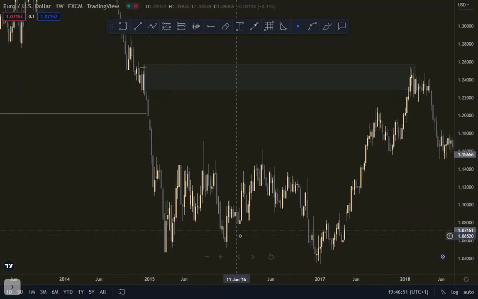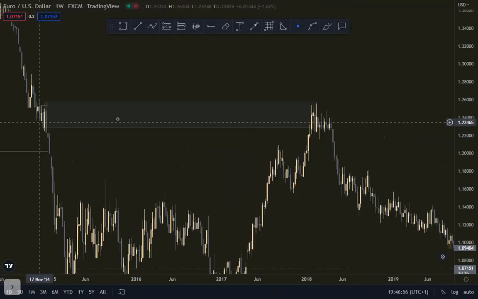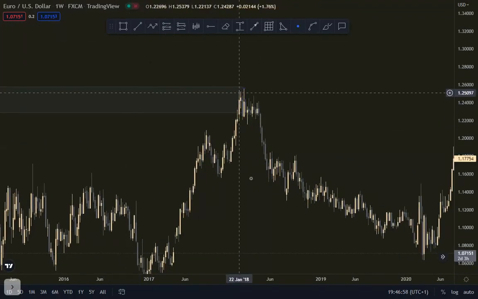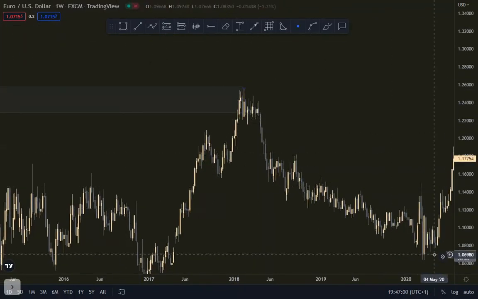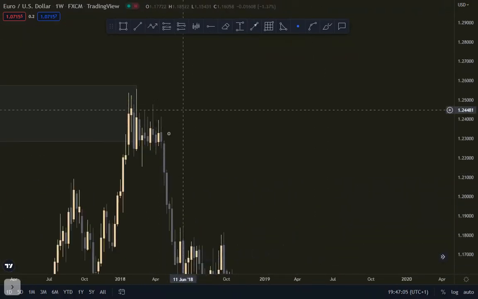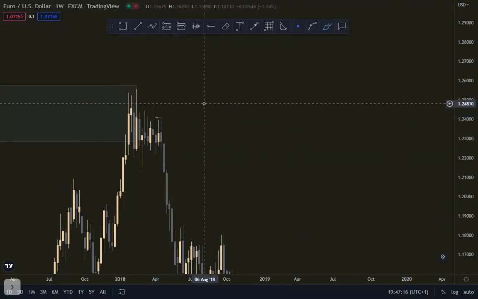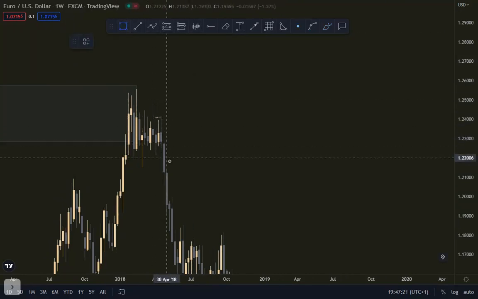So after this impulsive movement, we had a correction back to the order block. And then what happened? Price dropped. If you take a look at this candlestick, it traded higher than this candlestick. So for me, it took out liquidity, right?